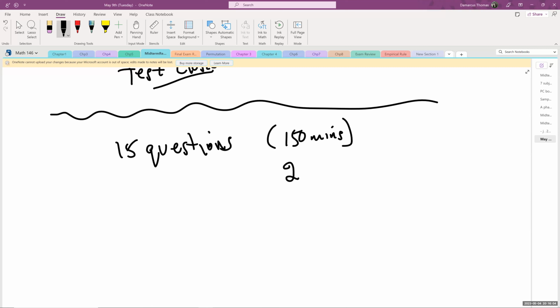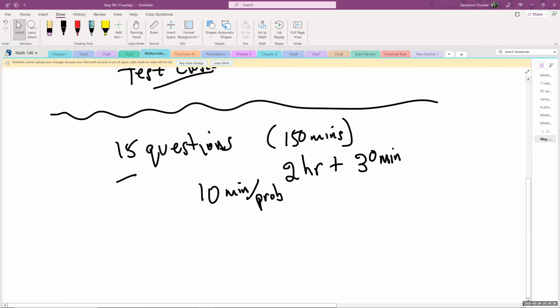So that's basically 2 hours plus 30 minutes. Plenty of time. That's an average of 10 minutes per problem. It's a pretty good deal. You should have plenty of time. There's an abundance of time.